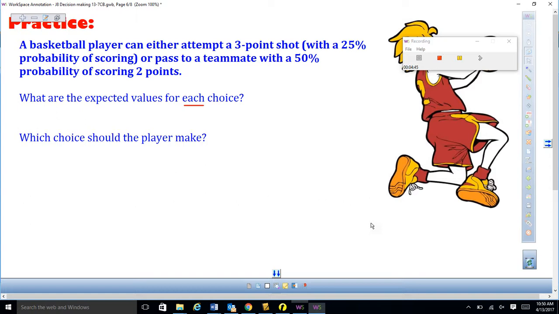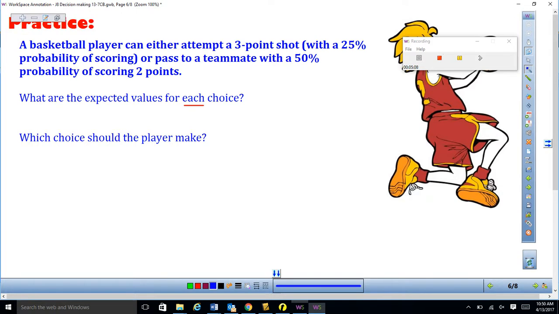Let's look at another example. A basketball player can either attempt a 3-point shot with a 25% probability of scoring, or pass to a teammate with a 50% probability of scoring 2 points. So first we're going to calculate the expected values of each.